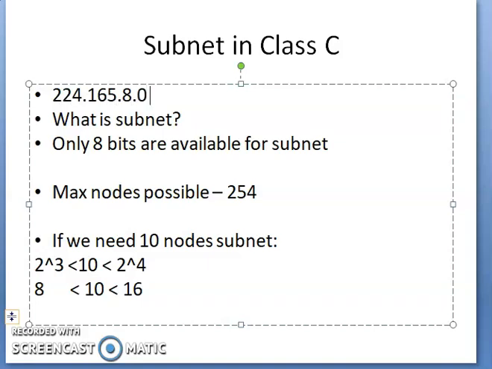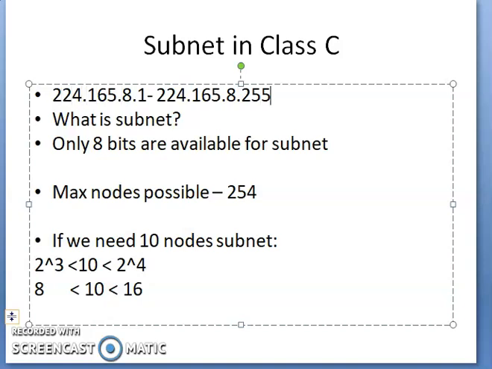This is the network ID. So when I assign this network ID, that means all the machines from the range of 224.165.8.1 onwards till 224.165.8.255, all these machines belong to one network.